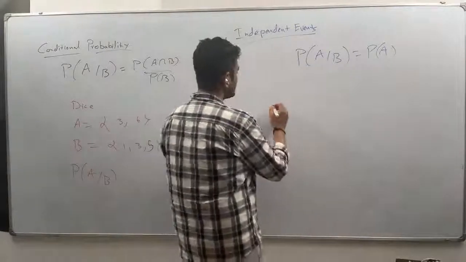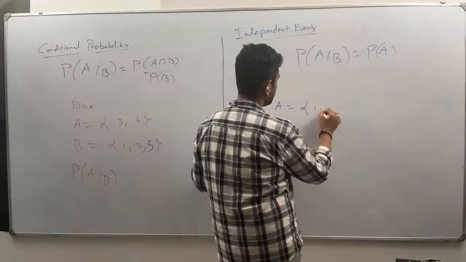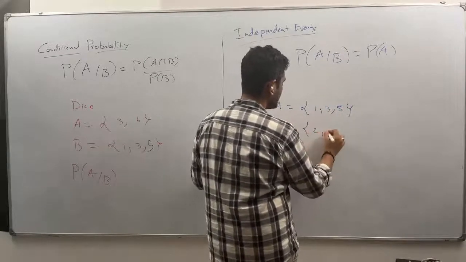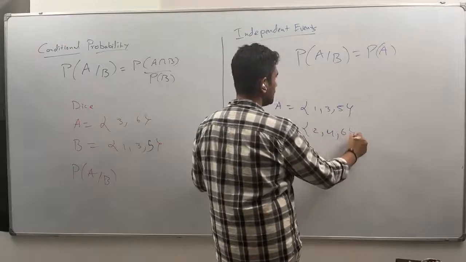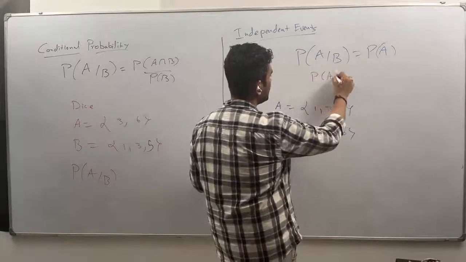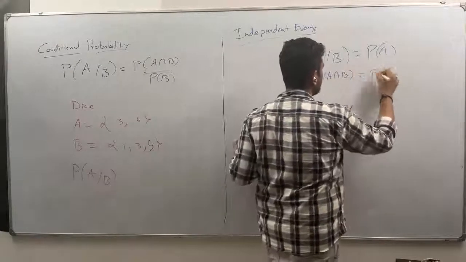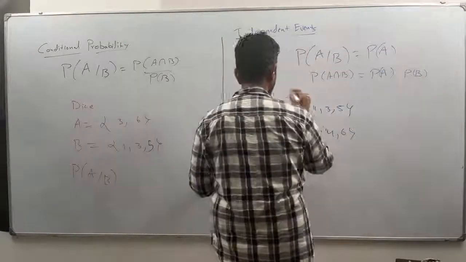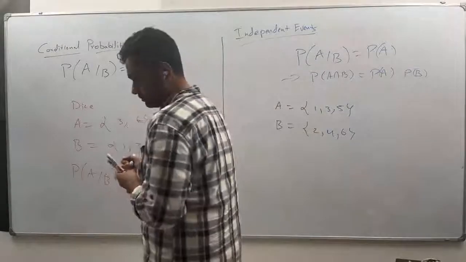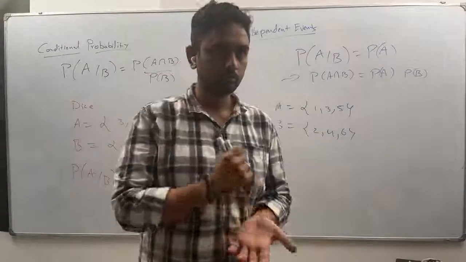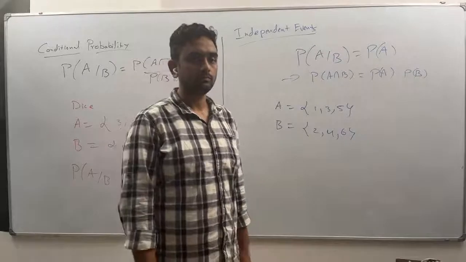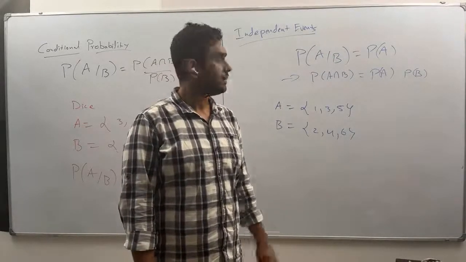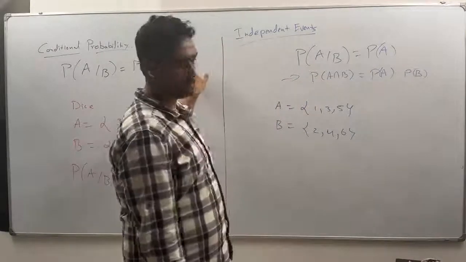Now I'll ask you a question. We also write it in another form: P of A intersection B is P(A) into P(B). Basically I'm converting this to this form.